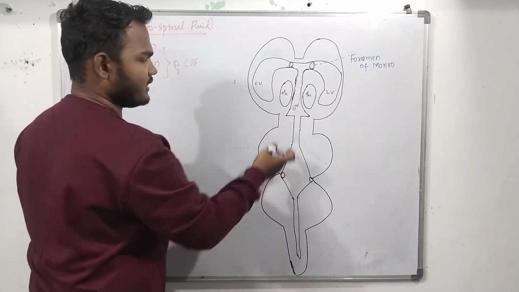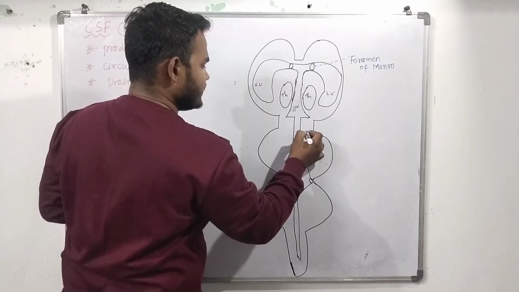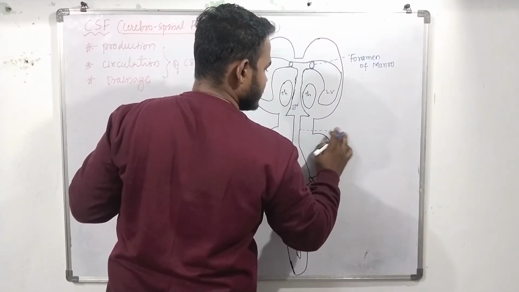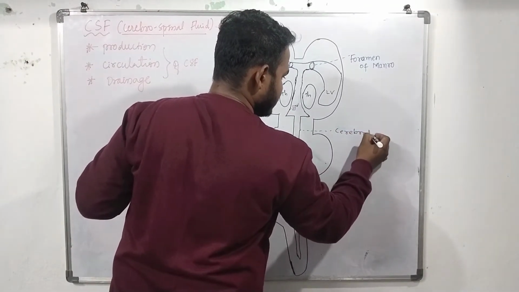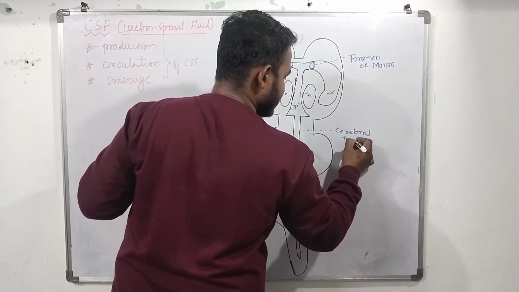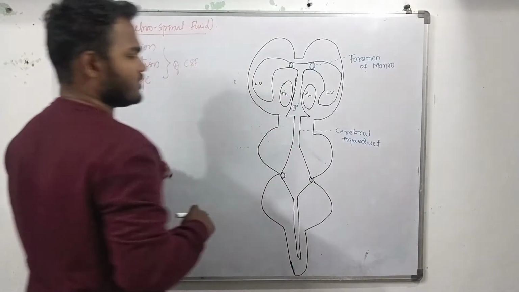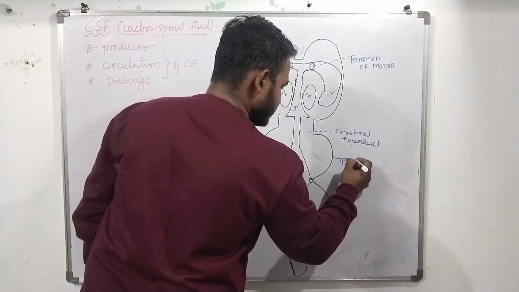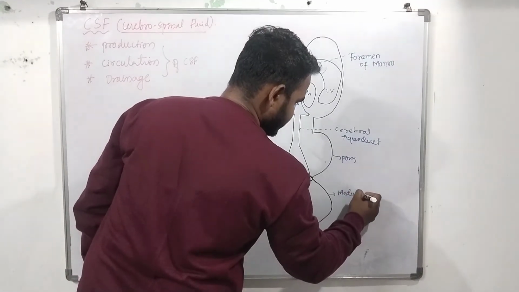From the third ventricle, the CSF is drained into the fourth ventricle by this, which is called the cerebral aqueduct. Okay, that is known as cerebral aqueduct, and it is a pons, and it is our medulla.